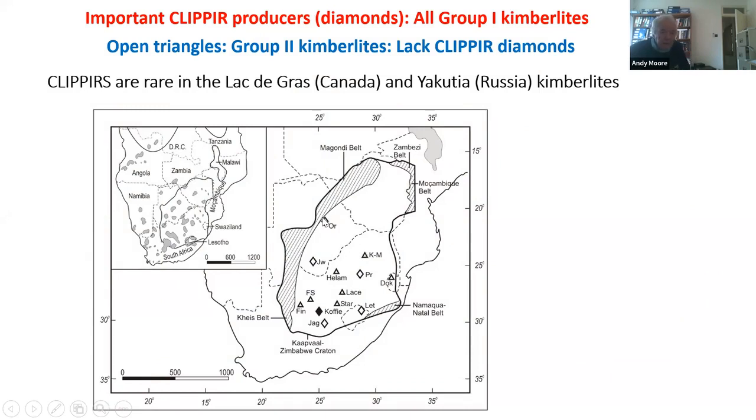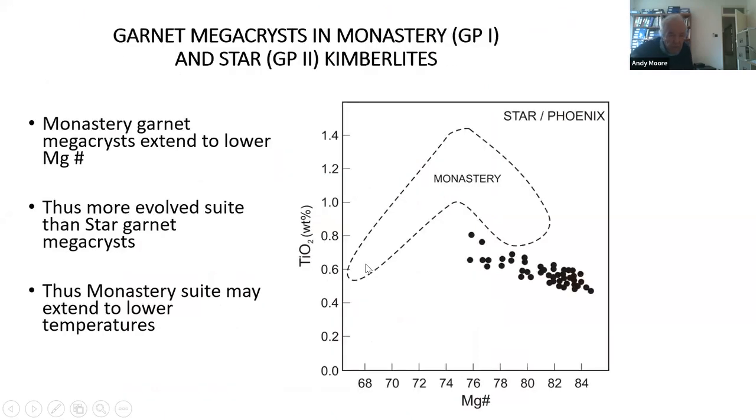The Clipper producers, or the important ones, are all group 1 kimberlites: Orapa and Jwaneng in Botswana, Cullinan and Premier in South Africa, Letseng in Lesotho. So all of the important Clipper producers are group 1 kimberlites. And so the first question is, why is it that you don't see Clippers in the group 2 kimberlites?